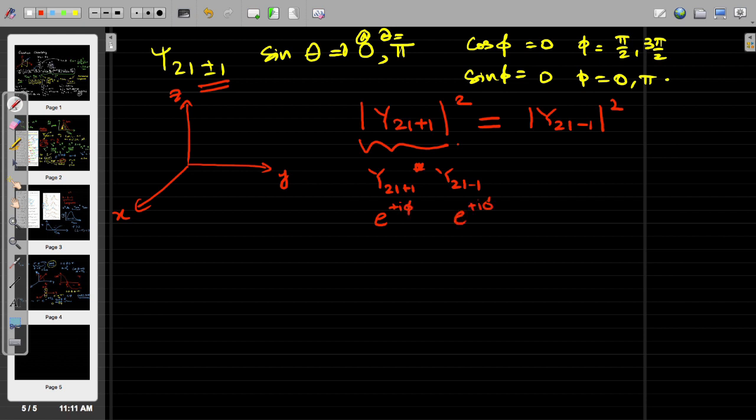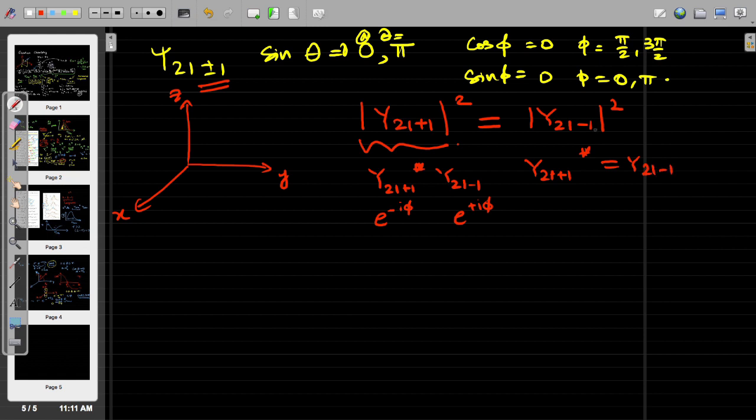Since you have an e power plus i phi term here, that will become an e power minus i phi term. So the psi 2,1,+1 complex conjugate is actually equal to psi 2,1,−1. So these magnitudes become equal.